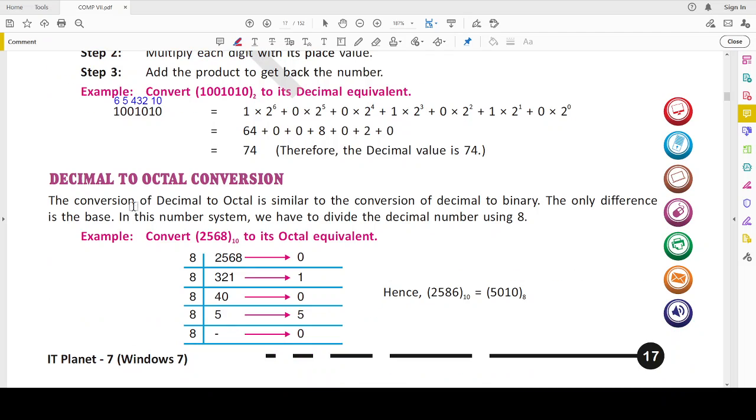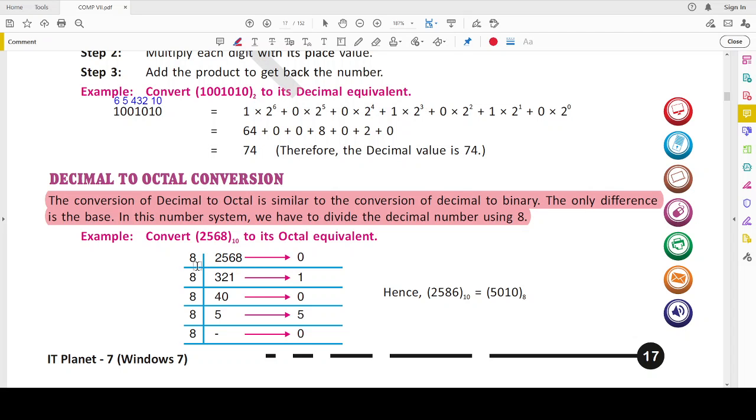Next is decimal to octal. Decimal, that is base 10 to base 8. The conversion of decimal to octal is similar to the conversion of decimal to binary. The only difference is in the base. In this number system, we have to divide the decimal number by 8. So what were we doing in case of our decimal to binary?